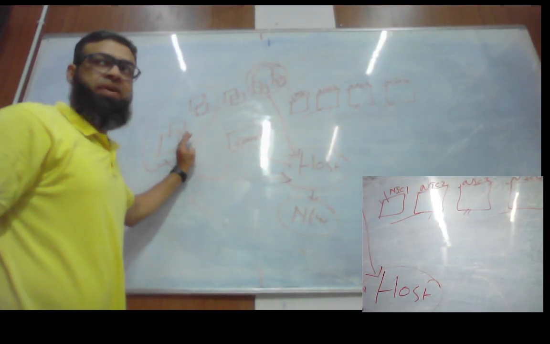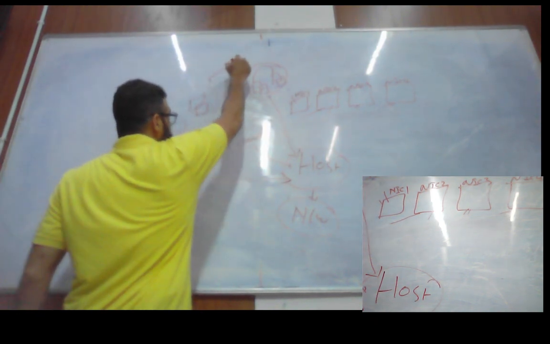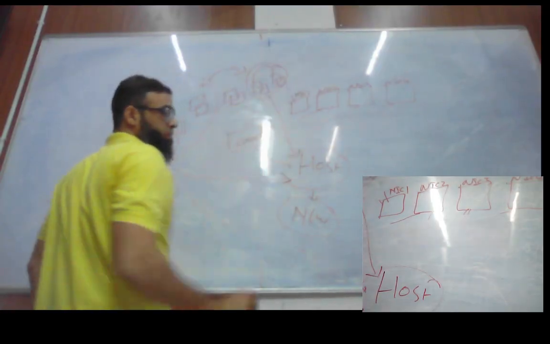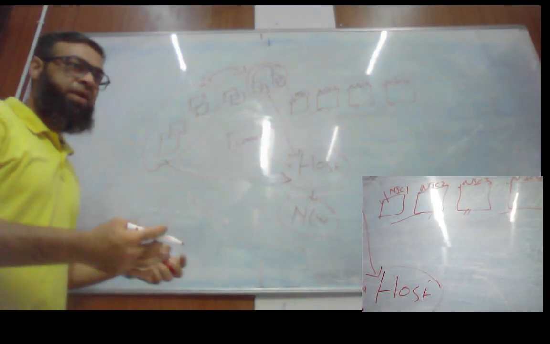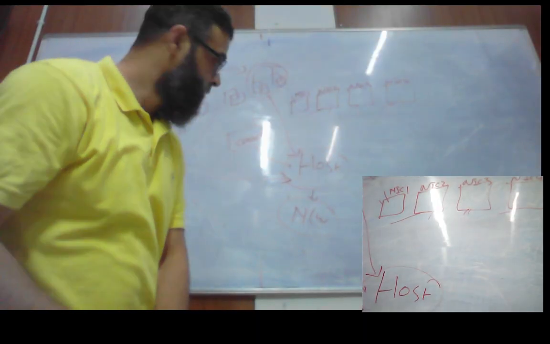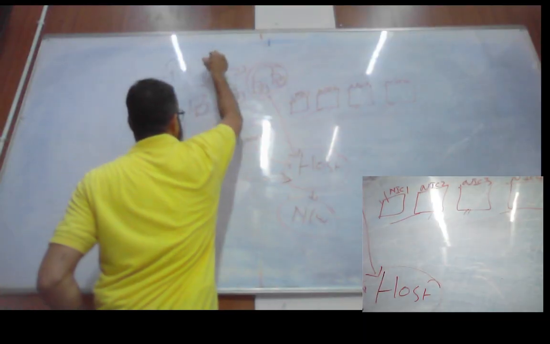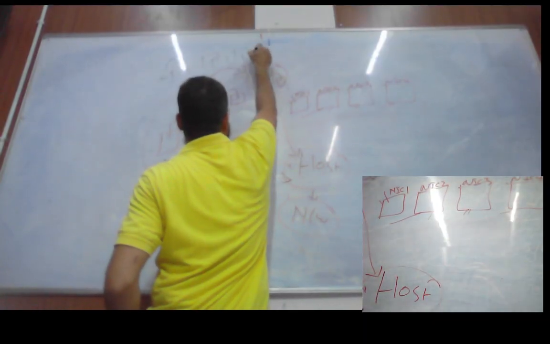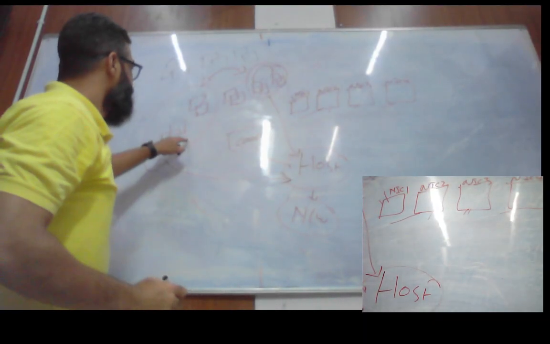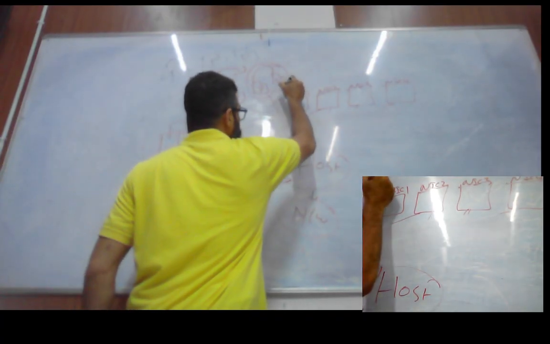So this is one network and this is one network. So they cannot talk to each other. So you have a separate network inside that. Now let's say you have here VM, this VM, this VM. So this is one NAT network. This is one NAT network.